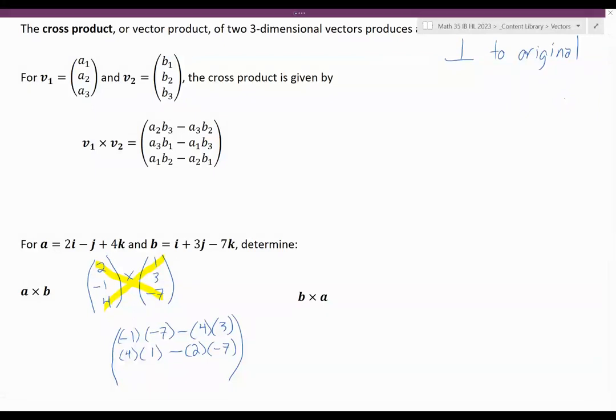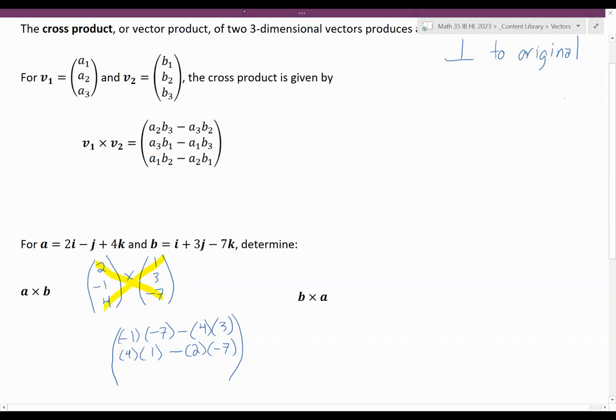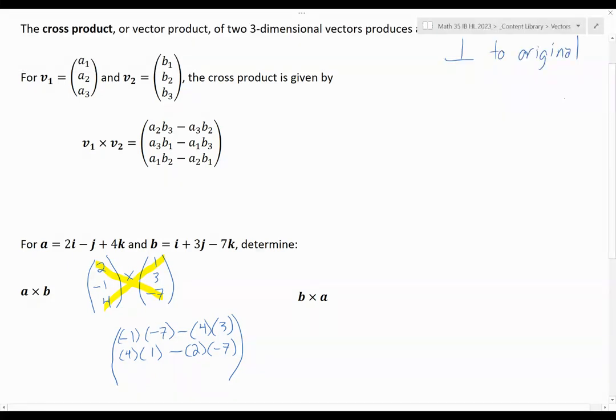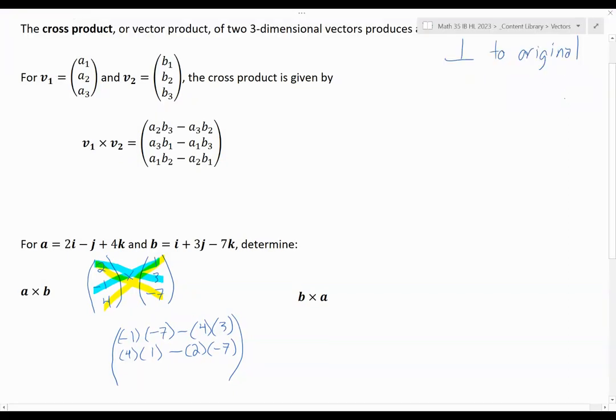And then finally, when I am doing the third component, I ignore the third component, and so what we're going to do in this one is first times second minus second times first. So it's not completely random and arbitrary how that formula came about.